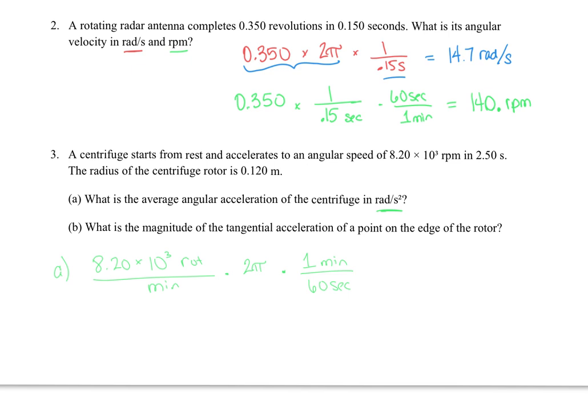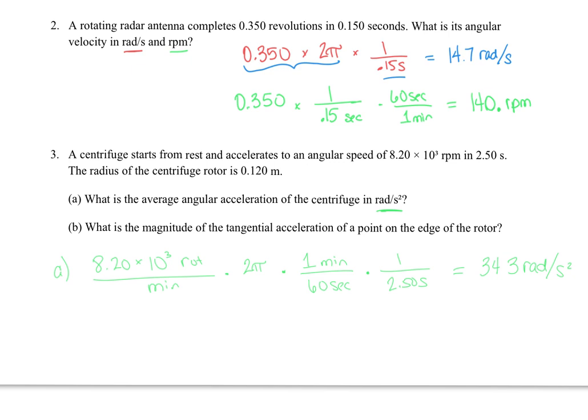They want angular acceleration, which means I take that velocity in radians and I divide it by the time. Well, it took me 2.50 seconds. So divide by that or multiply by 1 over 2.50 seconds. Same thing. And I will get my radians per second squared. So really, I'm just taking my angular velocity divided by my time, and that is my acceleration.